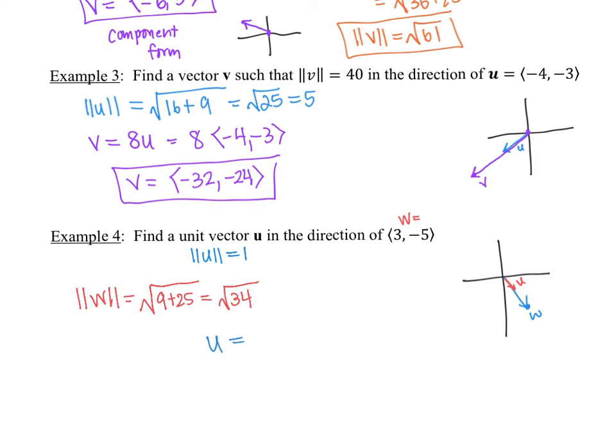Okay, so let me try to find u. If vector w is 3, negative 5, and it has a magnitude of the square root of 34, and I don't want it to be the square root of 34, I want it to go to 1, I need to actually divide it by the square root of 34. I'm going to shrink each component by the square root of 34.